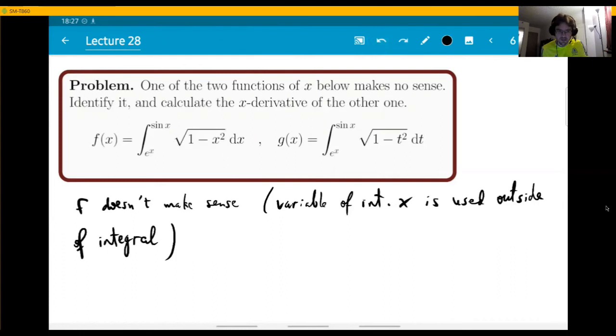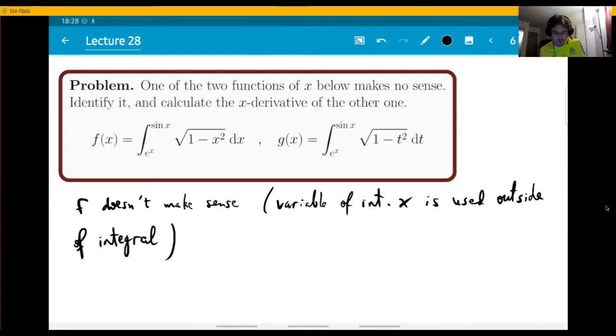That's just a dummy variable. It can be changed to anything else, but other locations, even the endpoints, are considered to be outside of the integral. They cannot include that dummy variable. That variable only exists inside. So the fact that the x exists up here, for example, is already a problem. That's why this initial function f here really doesn't mean anything. And the g is the one that is meaningful.